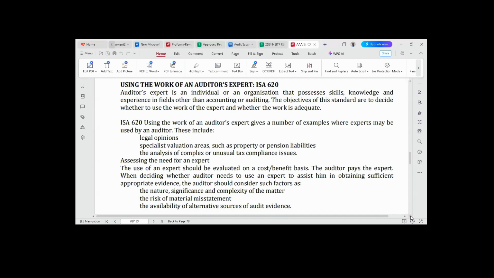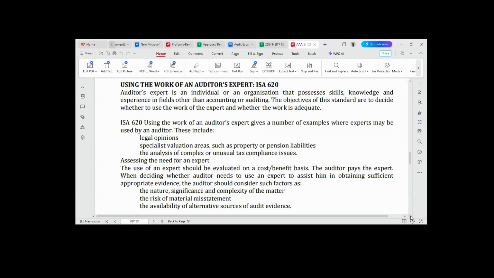Now, what do you mean by the nature, significance, and complexity of the matter? If you are looking at a contingent liability, for instance, that is contained in the financial statements. A contingent liability is a liability whose outcome is yet to be determined. It could be in favor of the organization or the other way around.